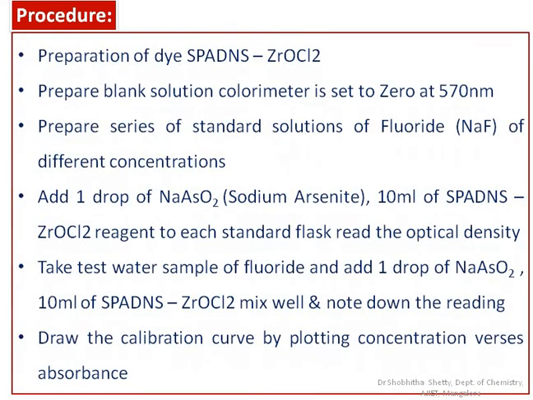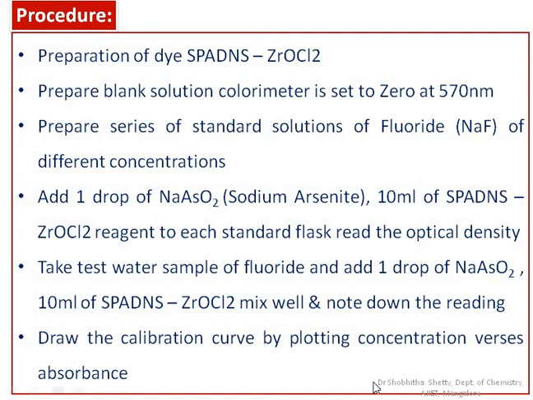Next, what is the procedure that is followed during the determination of fluorides by the SPANS method? First we need to prepare the dye complex, that is SPANS zirconyl chloride dye. That is how it is prepared.